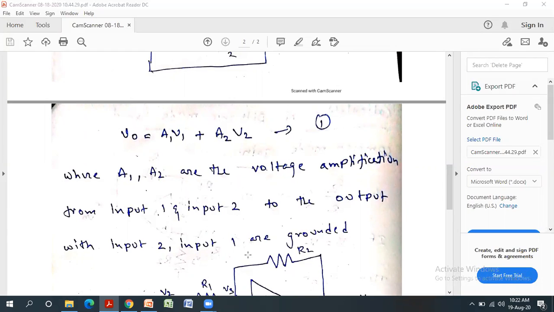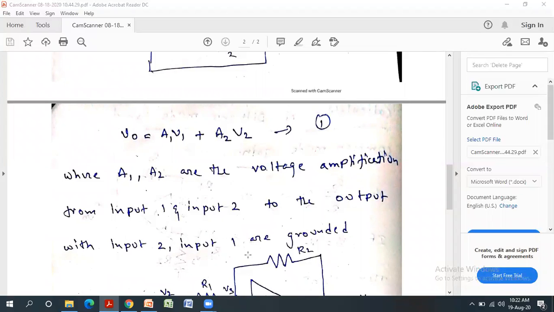Again, if we explain the common mode gain, if we apply two inputs in an equal manner to the differential amplifier, V1 is equal to V2 and the output must be 0. But actually the output voltage of a practical differential amplifier does not depend only on the difference voltage, but also depends on the average common level of the two inputs.